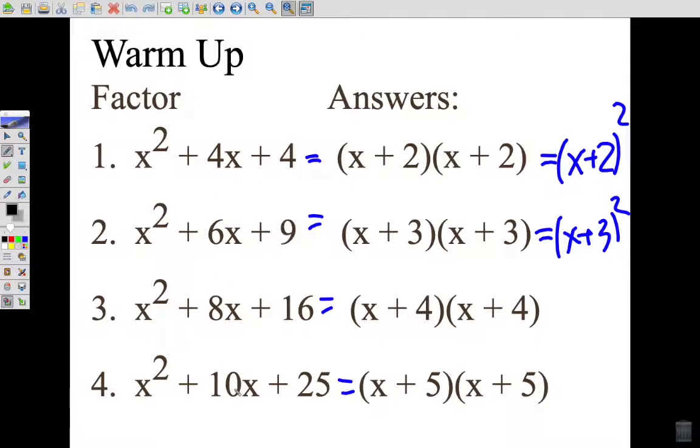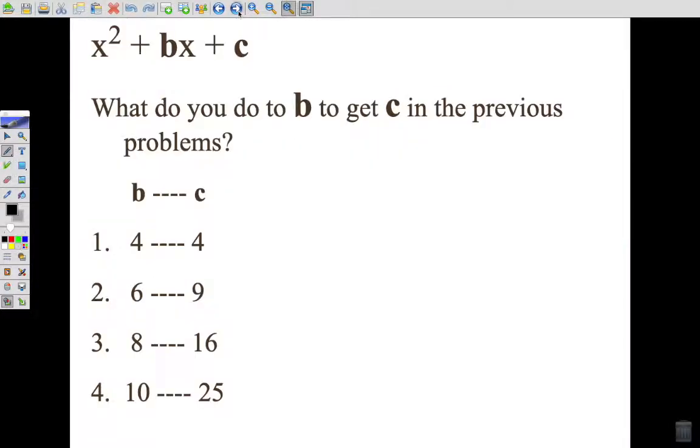We refer to that as b when we think of a quadratic as being ax squared plus bx plus c. Look at the numbers in the b position and look at the numbers in the c position. As you think of x squared plus bx plus c, pretty basic quadratic equation, I want you to think about what could you do to the number in the b position to get the number in the c position.